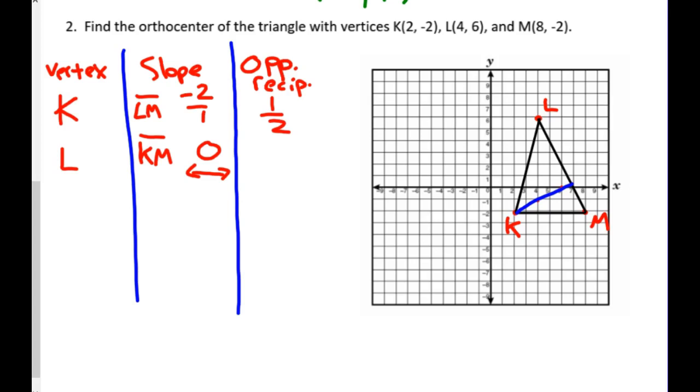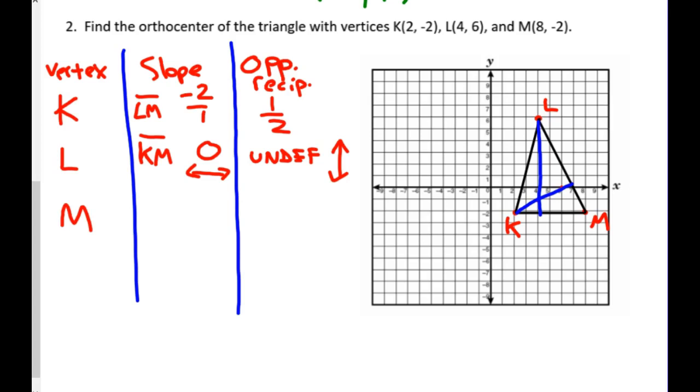Undefined. So remember, undefined means it's going to be a vertical line through the vertex L, which is the Philadelphia Eagles. So again, straight down. Cool. You can already see where they're going to cross, but let's do the last one.